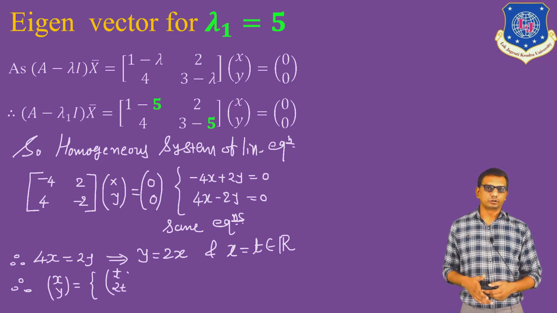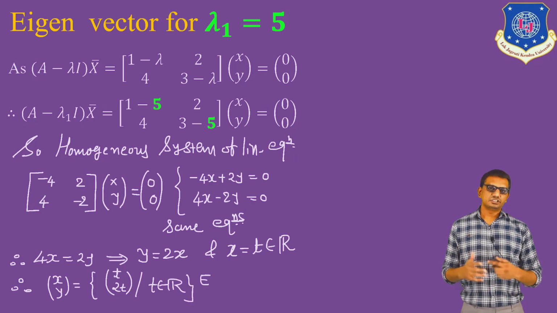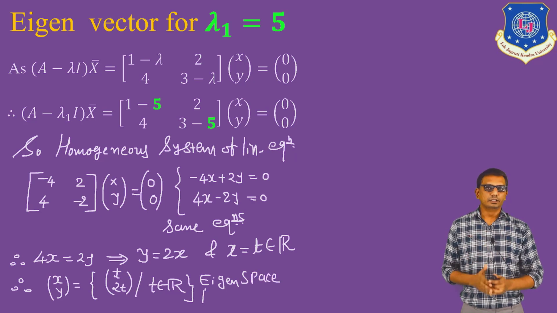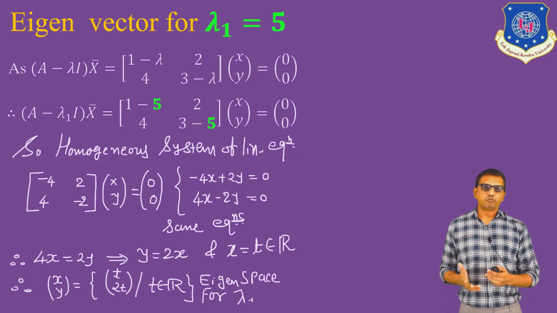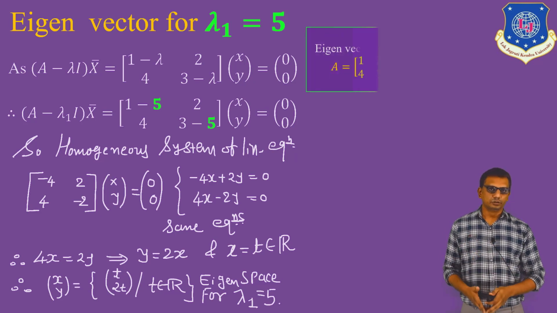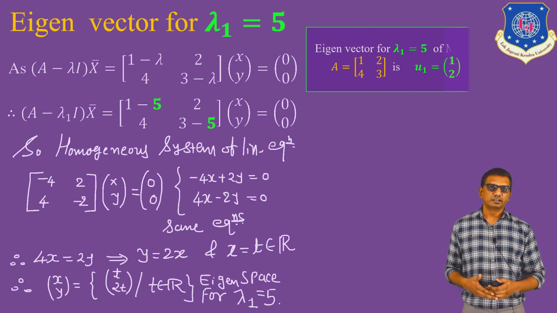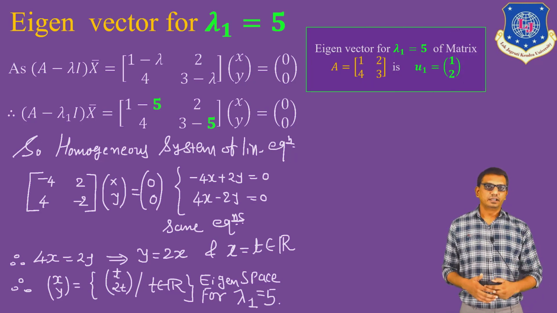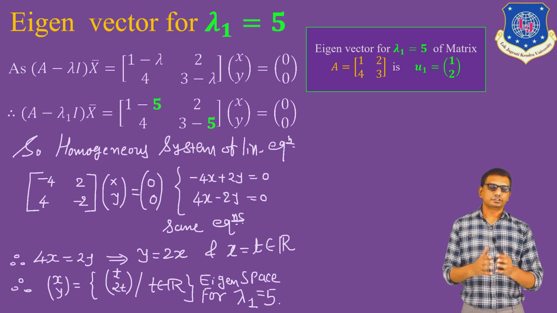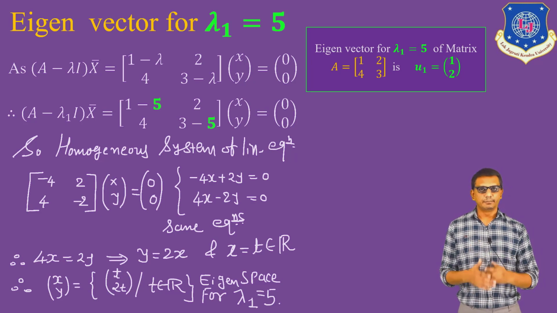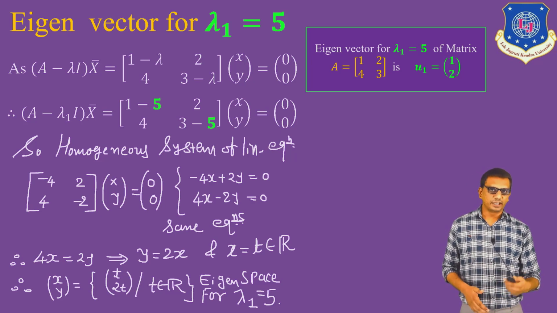So finally our solution is t times a vector, t belongs to R, which is the eigenspace for the corresponding eigenvalue lambda 1 equal to 5. Now if we take the common t from this solution, then finally we get the eigenvector [1, 2] for the eigenvalue lambda 1. So this is the concept to find the eigenvector for each of lambda 1, lambda 2, etc.